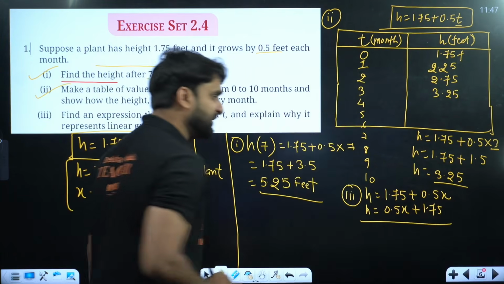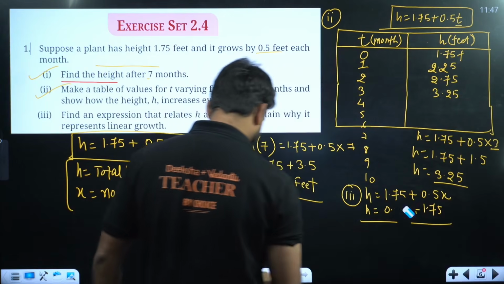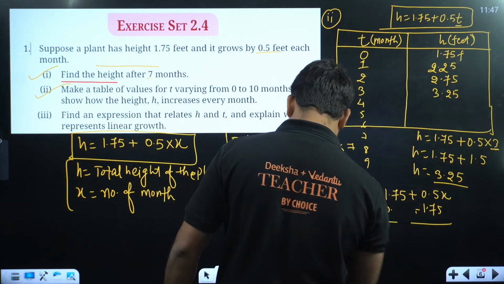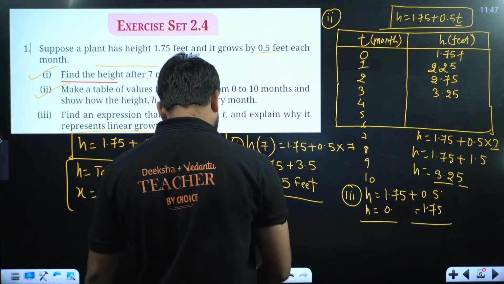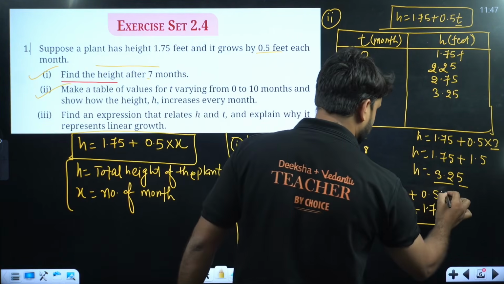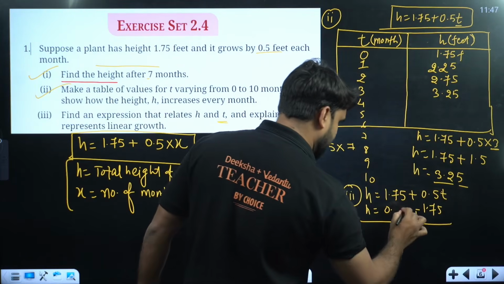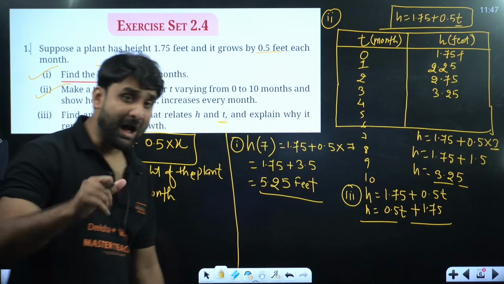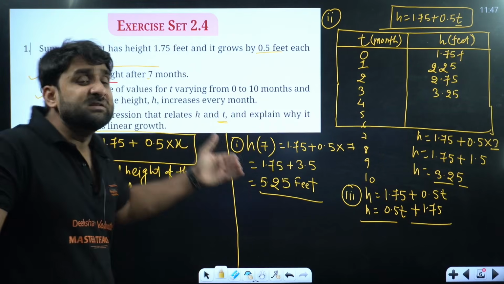Now, in place of x, let's take t, because the question says to take t. We have been taking time in months as x, but the question is asking to take t. So 0.5t plus 1.75.